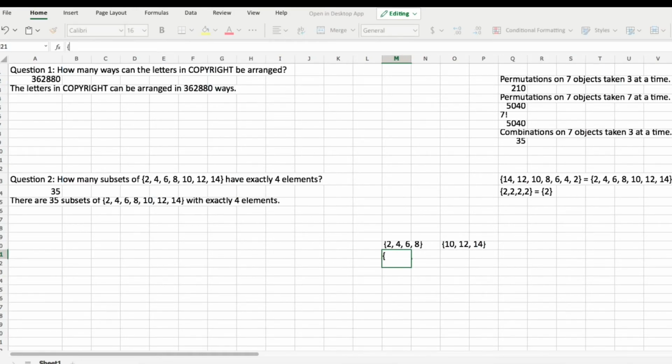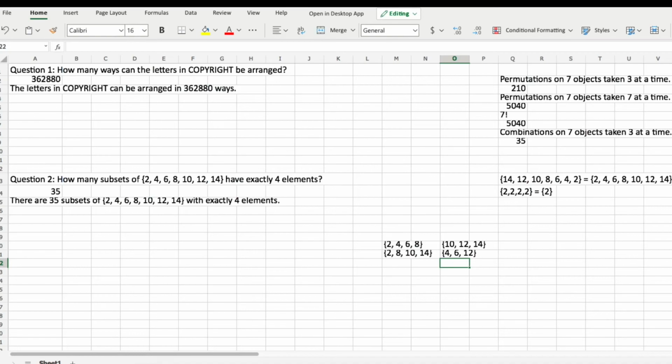How about 2, 8, 10, 14? Then the 3 element subset it corresponds to are the leftover elements. So the first leftover element is 4, and then the next is 6, and then the last is 12. And so that's our 3 element subset.